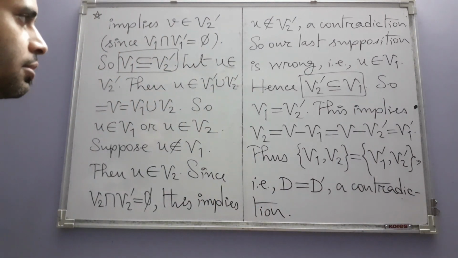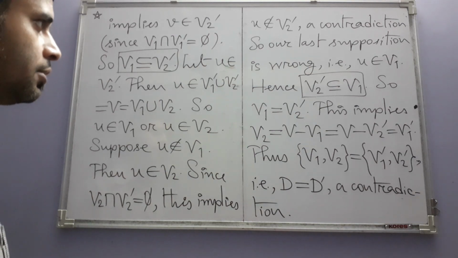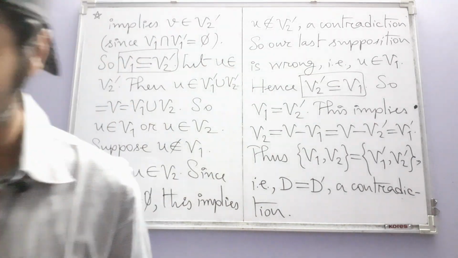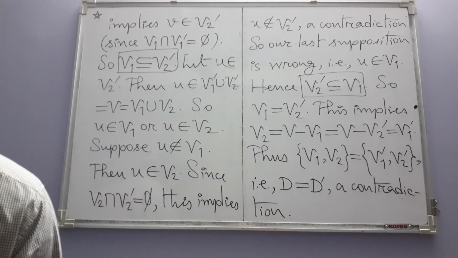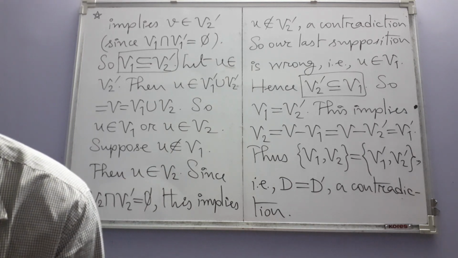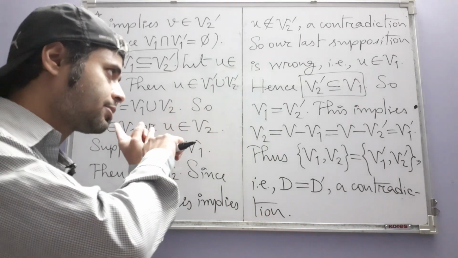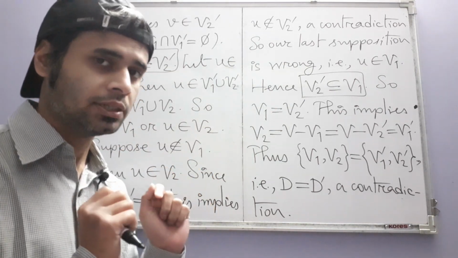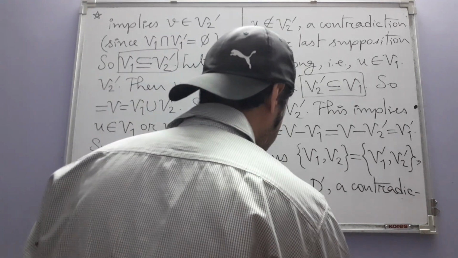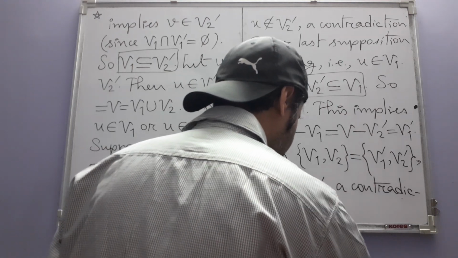So that means our supposition is wrong. What was our supposition? I forgot. Our supposition was that that set is empty. And what was our set?